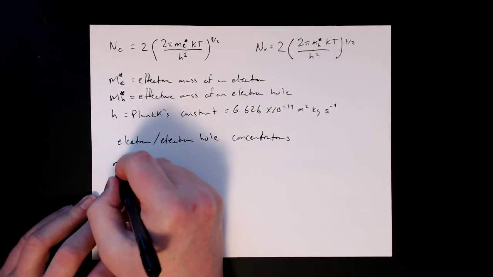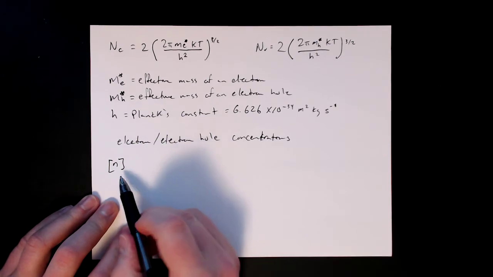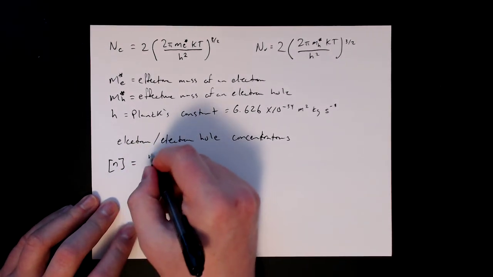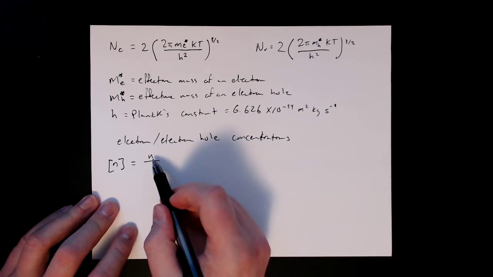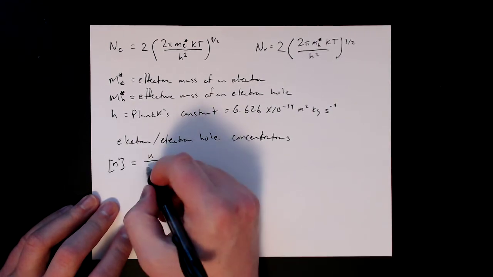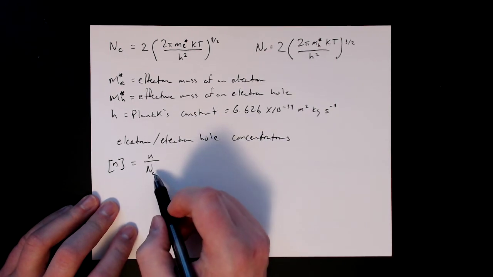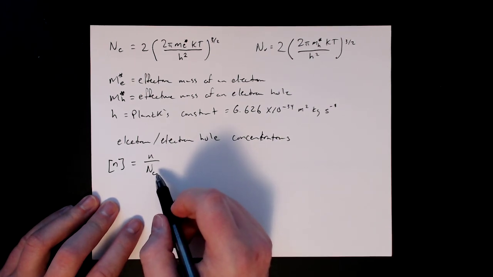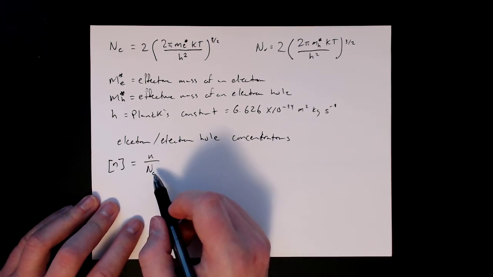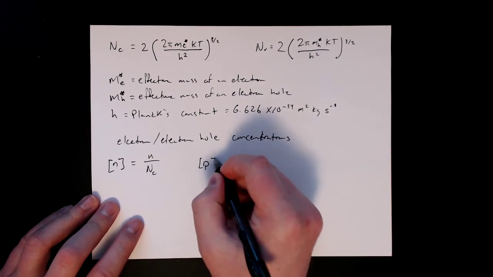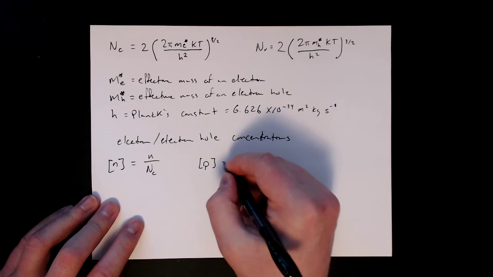N, using the site fraction with the square brackets, is equal to the number of electrons per unit volume, and the density of states for the conduction band is in those same units, number per unit volume. So this turns out to be a site fraction, and we can talk about P as the same thing.